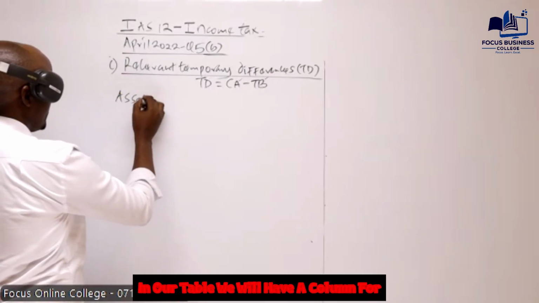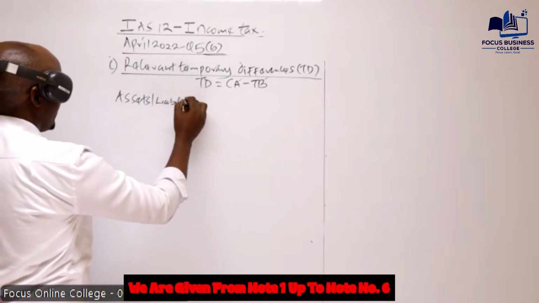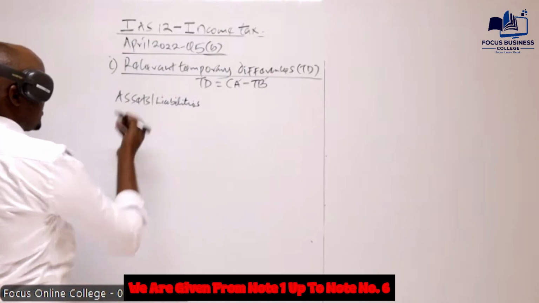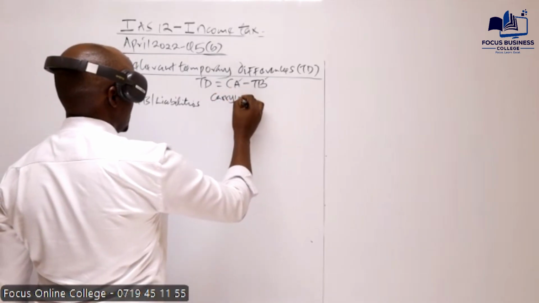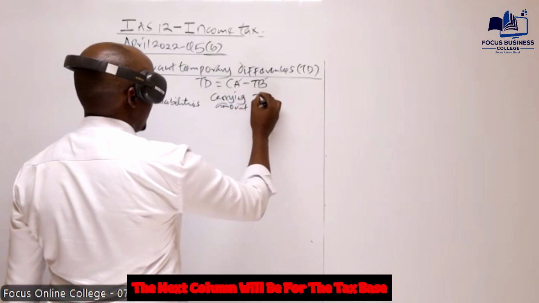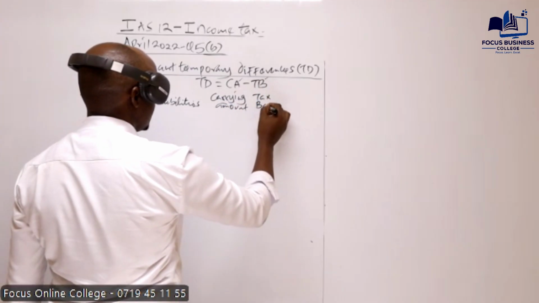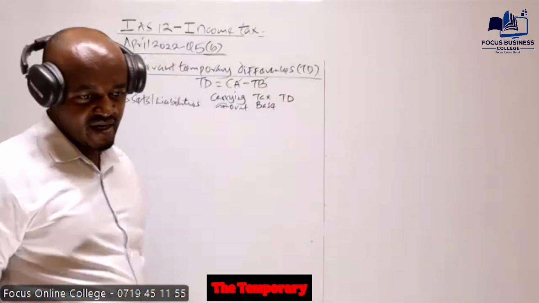In our table, we will have a column for the assets or liabilities we are given from note 1 up to note number 6. The next column will be for the carrying amount. The next column will be for the tax base. And the last column here will be for the TD, the temporary difference.